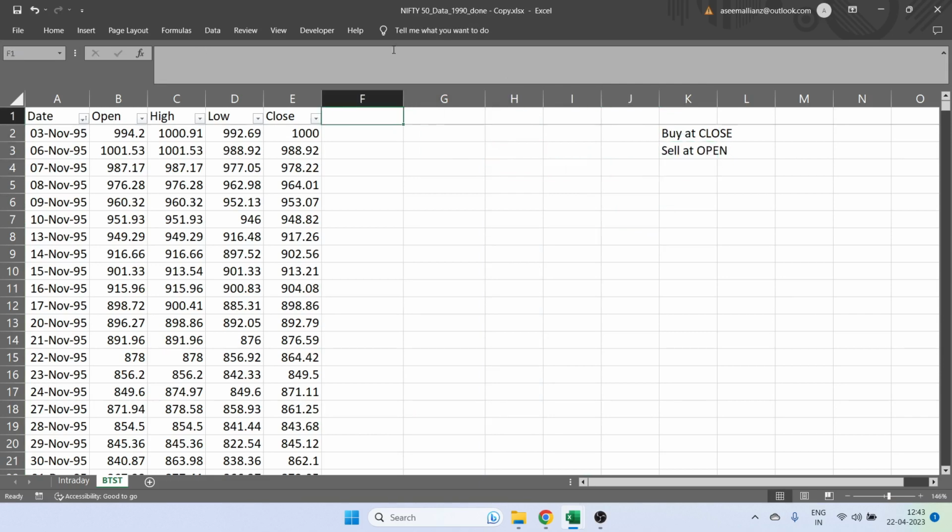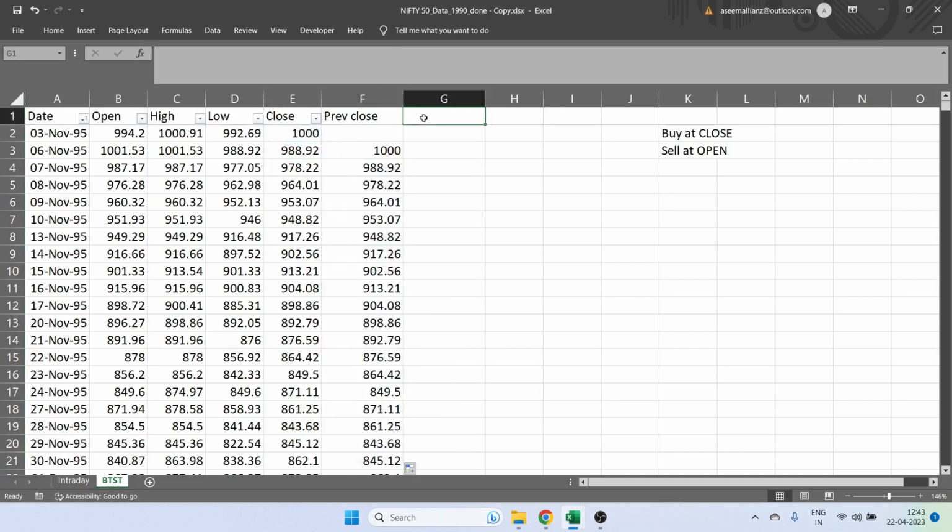Since we will be requiring the previous close, let me make another column called previous close. And like last time, we are starting with 1 lakh rupees. The number of stocks that I will be able to buy will be based on the previous close.